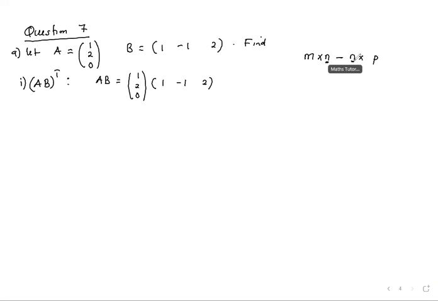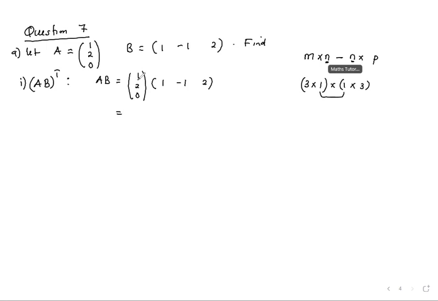Here we have a 3 by 1 multiplied by a 1 by 3. So it will work, and the order is going to be 3 by 3.